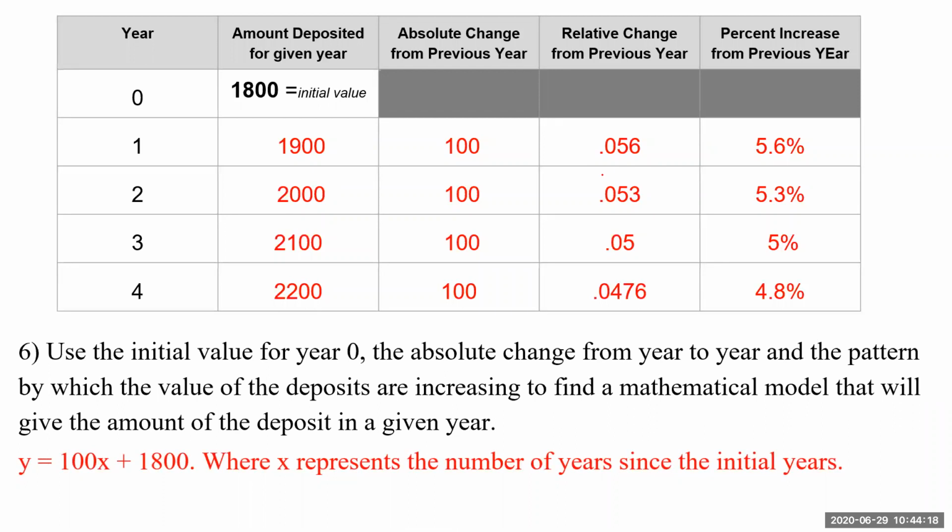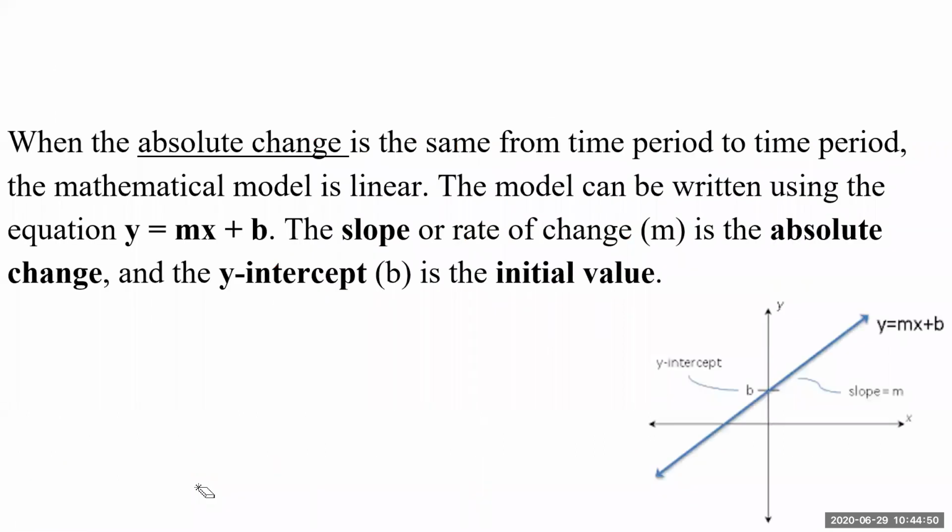All right, and this looks like what? A linear model. So we have y is equal to mx plus b. So the b is the constant, the initial deposit, and the deposits are changing by what? 100. So 100 is our slope, okay? So what kind of model is this? And I'm sure you already said that this is a linear model, okay? Sweet. Now, this is the key.